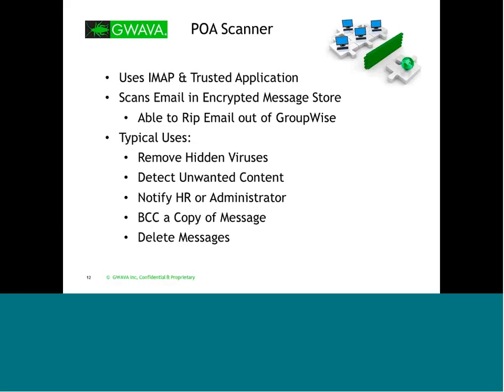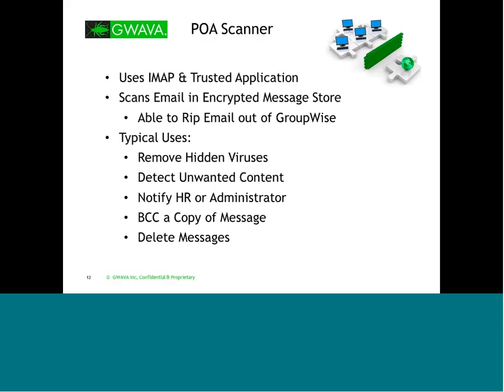POA scanner. Like mentioned before, we're the only company that can go in through a trusted application and scan your post office for any viruses that are sleeping there, or even remove certain attachments that should not be there.